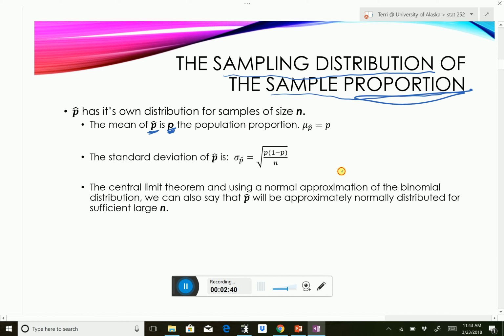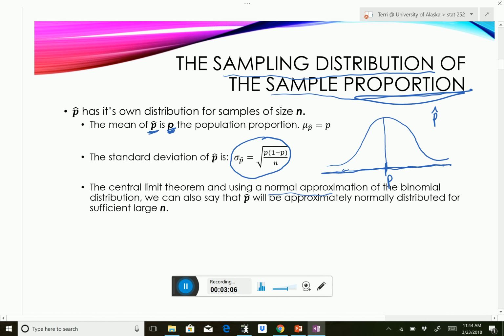So this becomes almost normal, and skipping ahead a little bit, by the central limit theorem you can use a normal approximation of your binomial, and this can be P hat, with the mean being P, and here's your standard deviation.